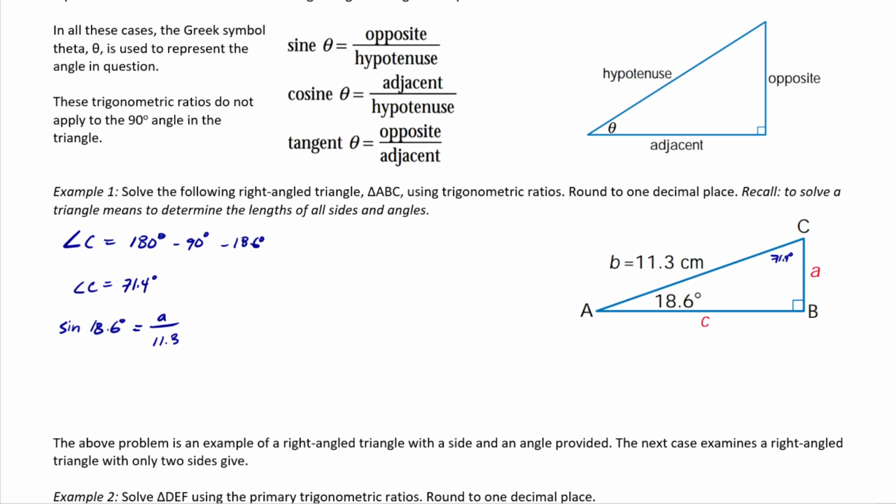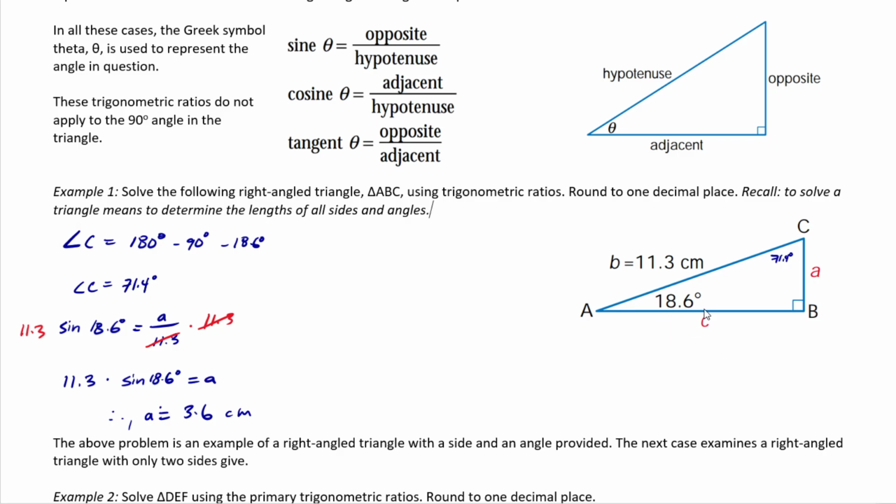Multiplying both sides by 11.3, I have 11.3 times sine 18.6 is equal to A. All I did there is multiply both sides by 11.3, which cancels out over here. And so, therefore, A is approximately equal to 3.6 centimeters.